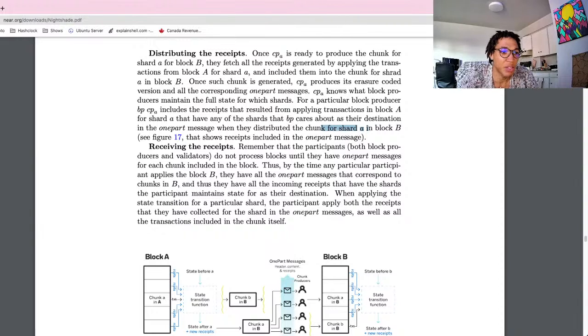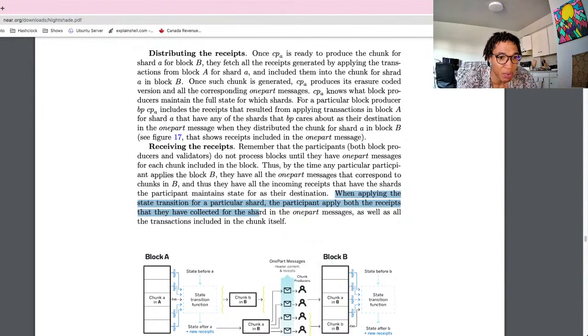Thus, by the time any particular participant applies the block B, so this is the one in the second block, and the second shard as well, they have all the one-part messages that correspond to chunks in B. B is after A. And thus, they have all the incoming receipts that have the shards the participant maintains state for as their destination.